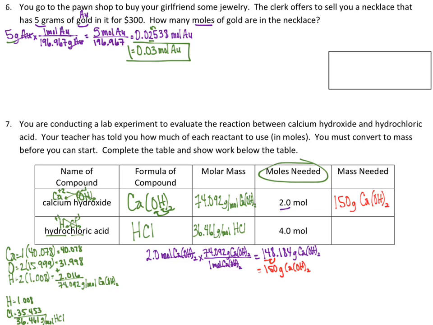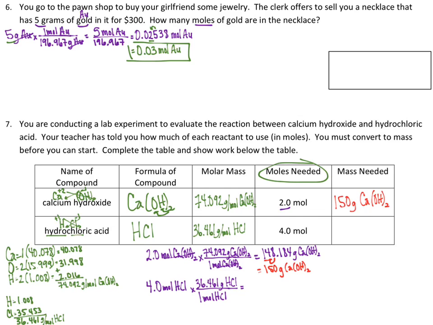All right, so now I'm going to finish up with my last one. And again, my last one, they gave me 4.0 moles of hydrochloric acid. I already calculated the molar mass, so I know that 1 mole of HCl equals 36.461 grams of HCl.